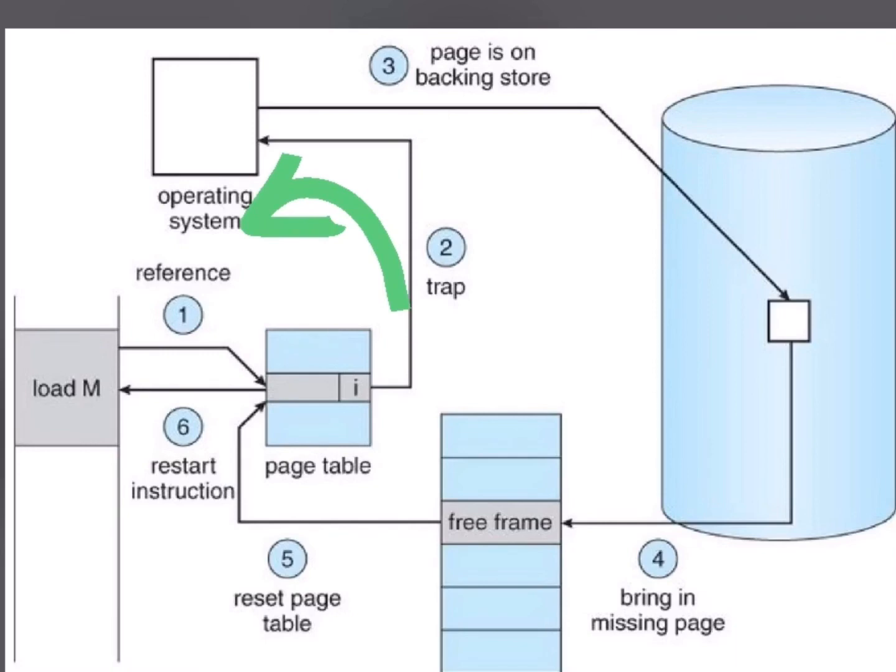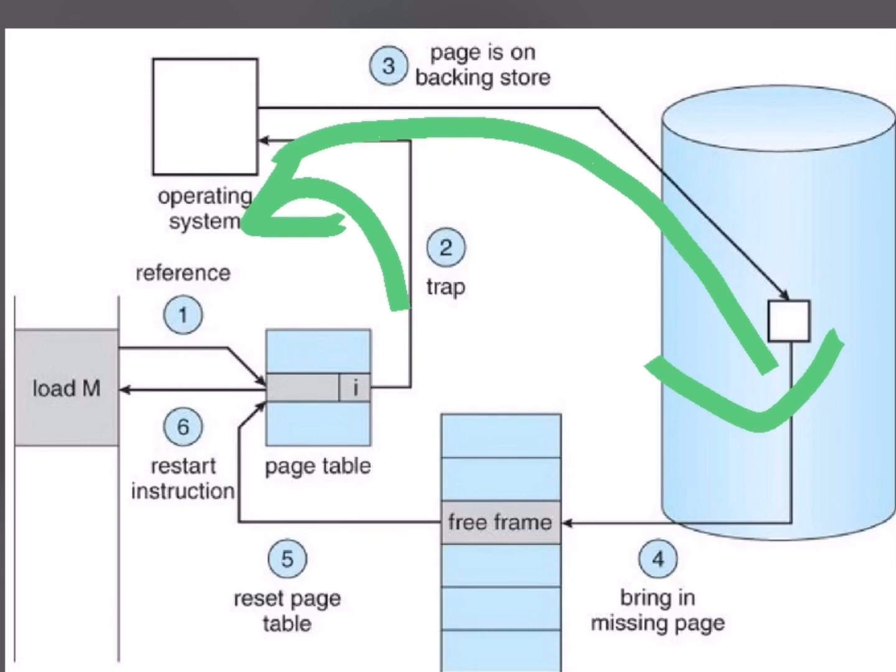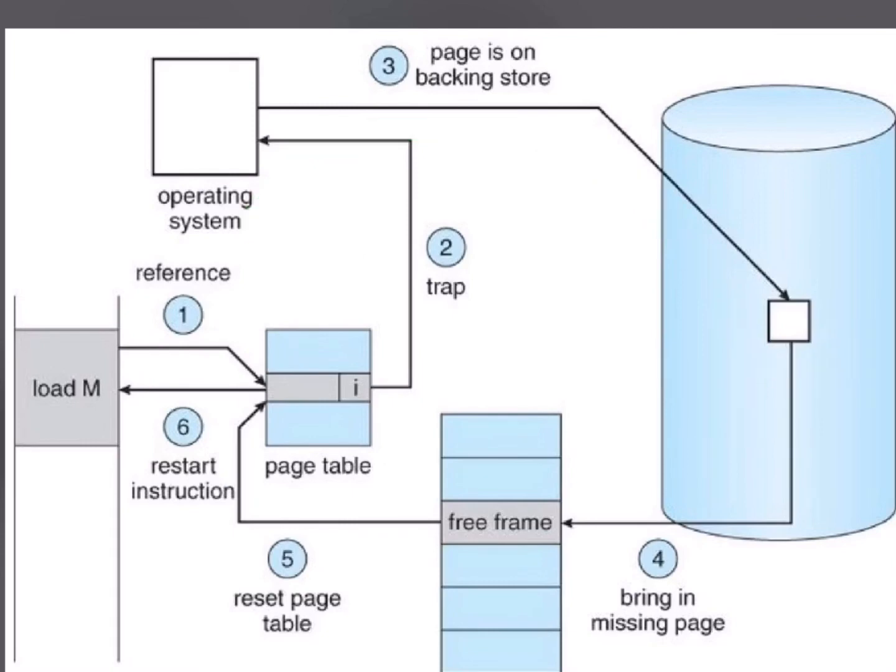It is the duty of the operating system to search for the page in the secondary storage or disk. In this disk, the page has been found. The page will be brought to the free frame. This frame number will be retained in the particular location in the page table. Now I will be replaced by V, that is, invalid is converted to valid. Now restart the instruction, that is, the page is available in main memory.